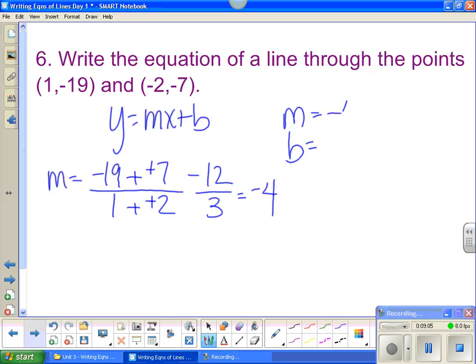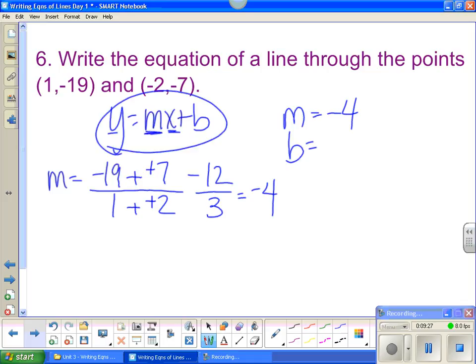So now I have this. Okay, well now I need my b. b is my y-intercept. Isn't this like what we did on number 1 and number 2 and number 3? If I have my slope, I just need to use this because I know him.